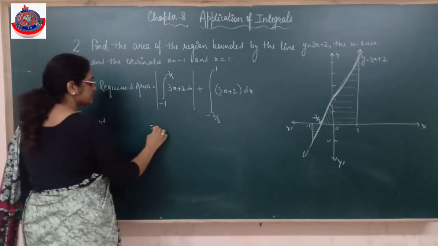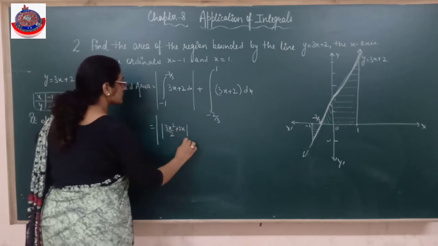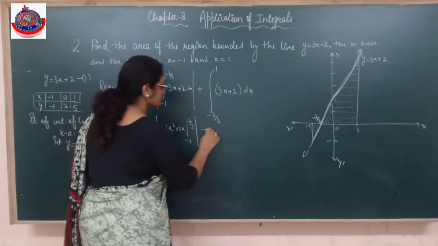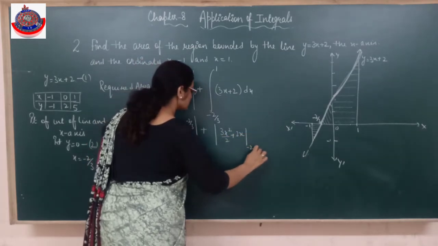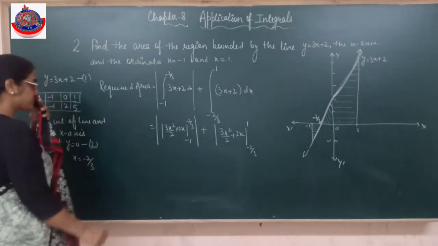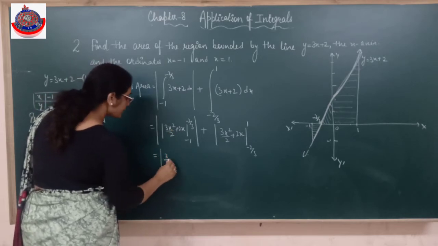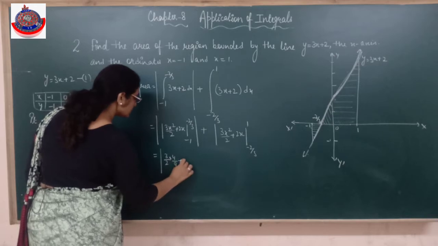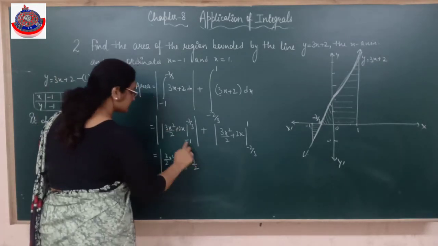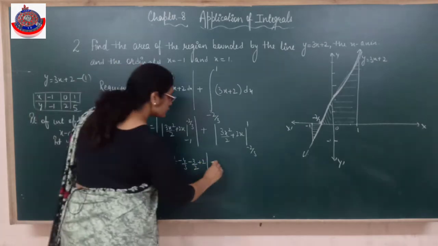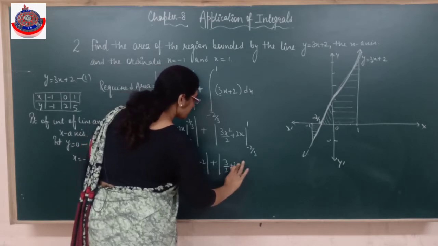Solve it. Fine. So the upper limit, minus 2 by 3 squared, minus the lower limit, and here also the upper limit minus the lower limit.